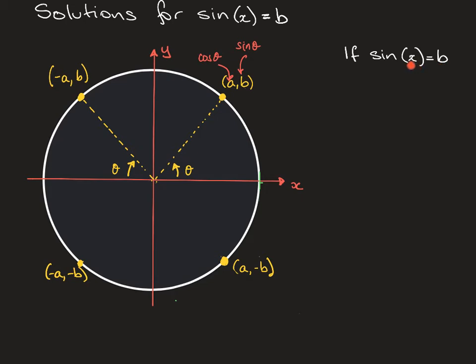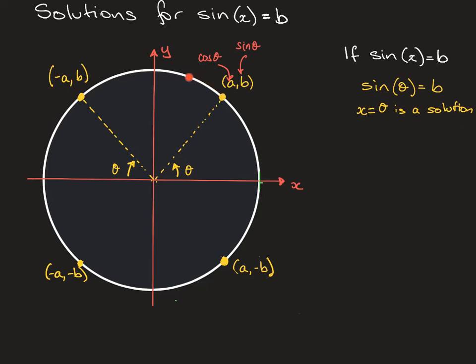Okay, so I'll say that again. What angle goes in here that gives us a y coordinate of b? Let's have a look at our points around the unit circle. I've got one here, this first point marked here, that has a y coordinate of b. So sine of theta is in fact b. We'll write that as one solution. We know that sine of theta is b, so therefore theta is a solution.